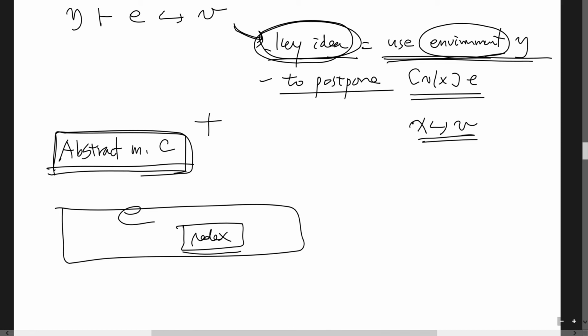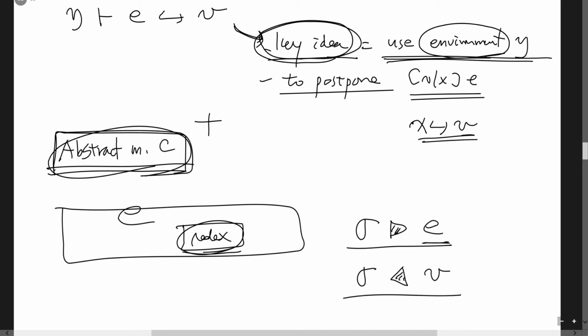So we introduce two states, something like sigma right triangle expression E, which means that we are currently analyzing the structure of expression E to locate such a redex like this one. And there's another state which is sigma left triangle V. We have finished evaluating expression E and now returning this value V as the result.